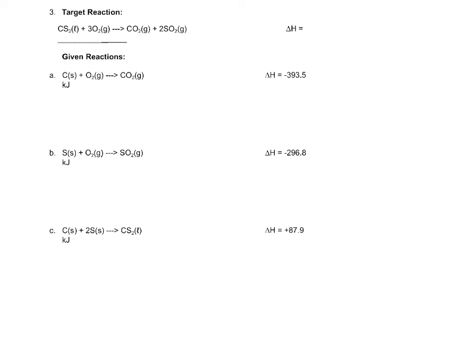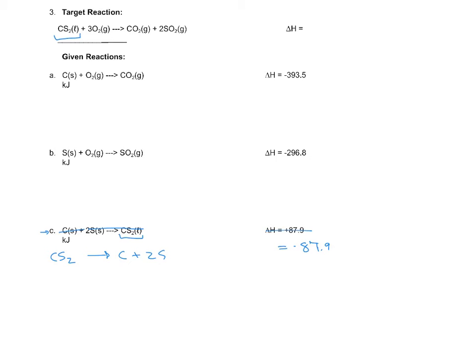In this case, the carbon disulfide liquid only appears in the target reaction and in given reaction C. The problem with the carbon disulfide is that it is in the products when it needs to be in the reactants. So that changes this. Carbon disulfide is going to turn into carbon plus 2 sulfurs. But now that enthalpy change is going to be exothermic.